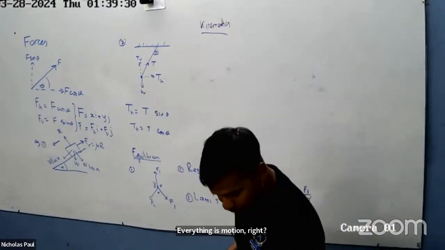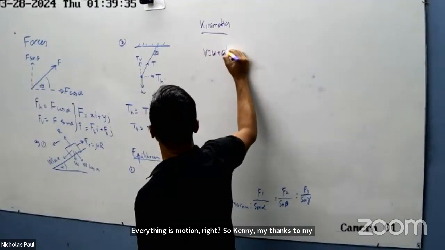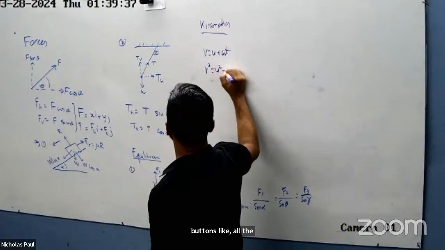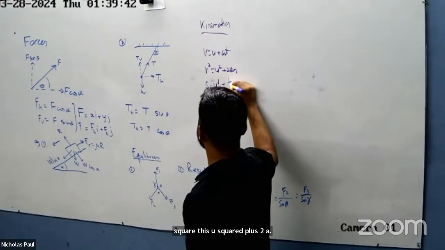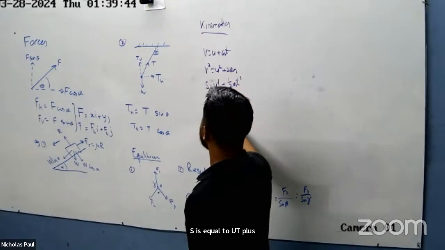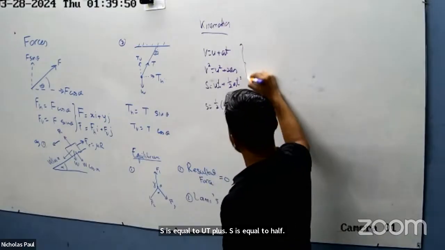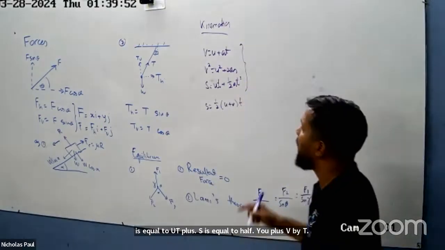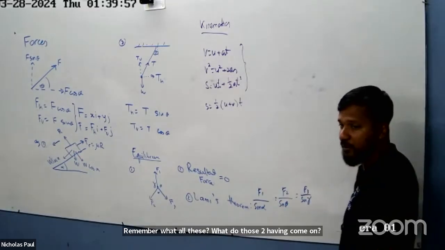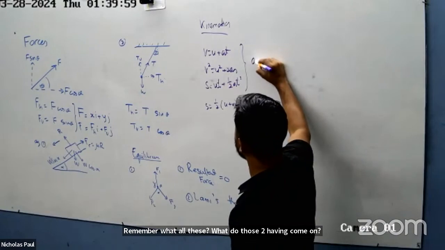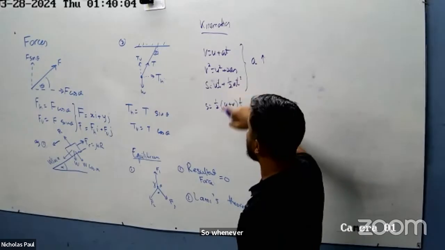So in kinematics, we remember all the equations of motion: v equals u plus at. v squared is u squared plus 2as. s is equal to ut plus a half at squared. s is equal to a half (u plus v) times t. What do those three have in common? They all have acceleration, right? So whenever you're talking about vertical motion, you generally use these.